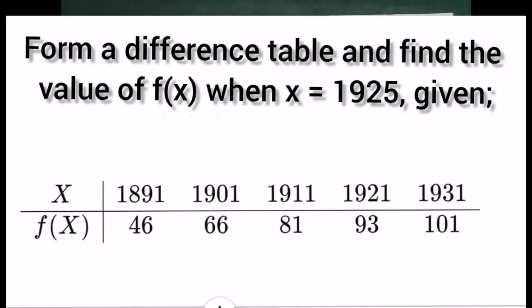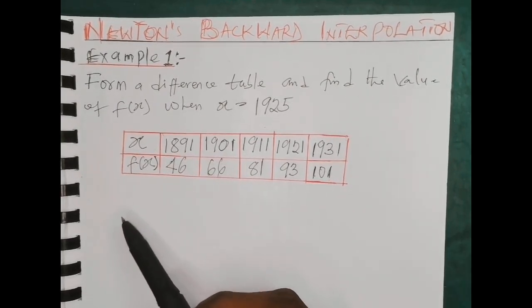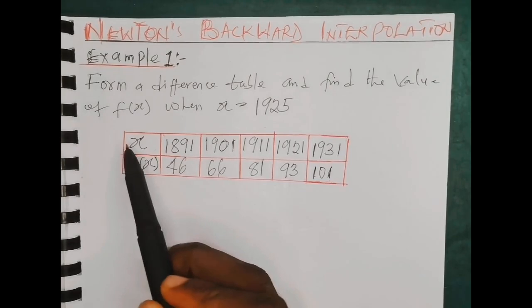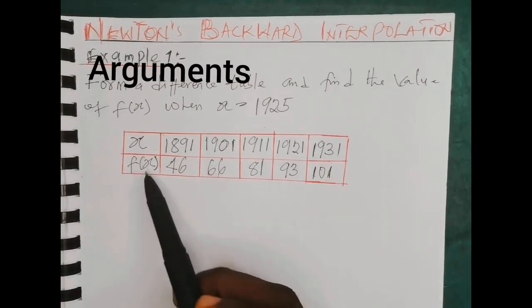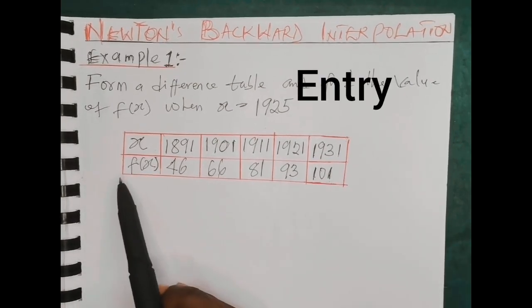So this question says, form a difference table and find the value of f of x when x equals 1925. So you're given this table with the values of x and y, and I said in the first video the values of x are called the arguments, whereas the values of y are called the entry. So f of x is same thing as y.